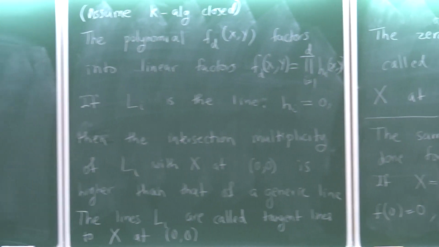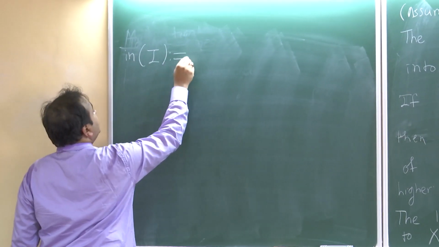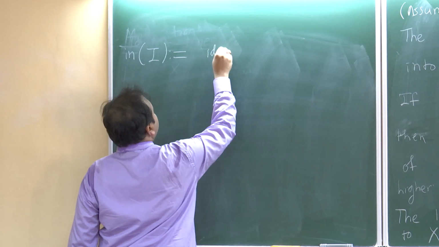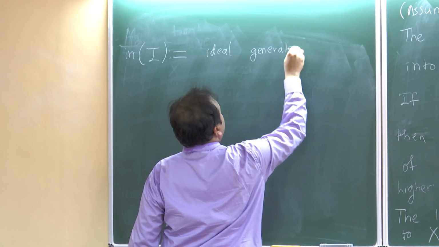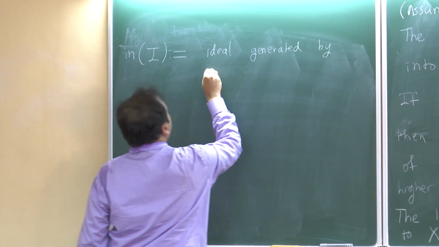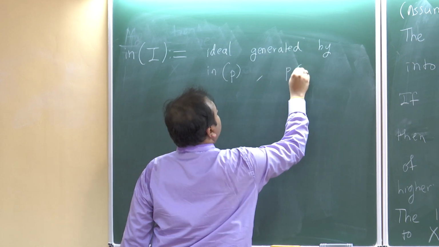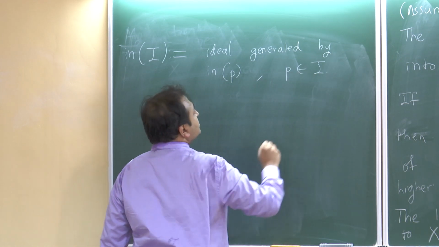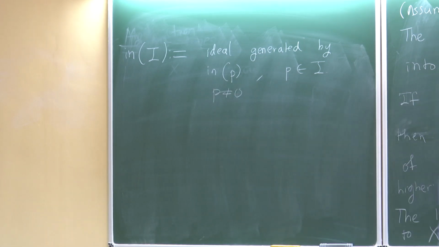So the initial ideal in(I) is defined to be the ideal generated by in(p) for p running over all the elements of I, p not equal to 0.